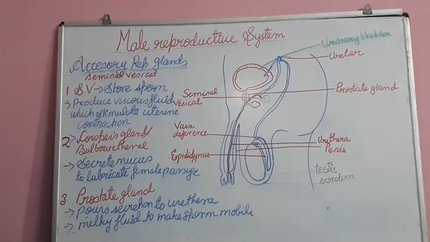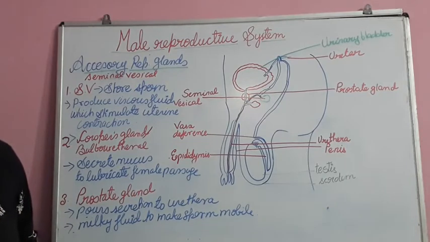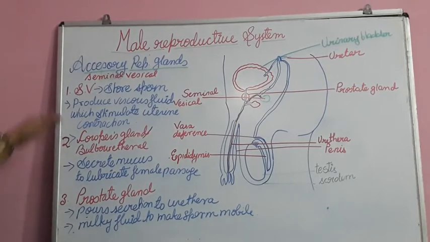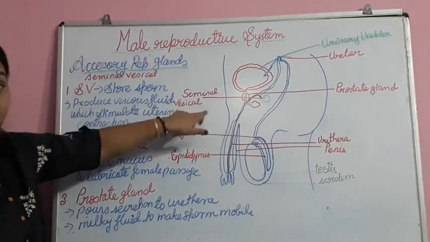Then the Cowper's gland, which is also called the bulbourethral gland, and third we have the prostate gland. These are all glands which give their secretions to the sperm cells for their mobility, for their regular work, for their proper functioning. So let's start with the seminal vesicle.